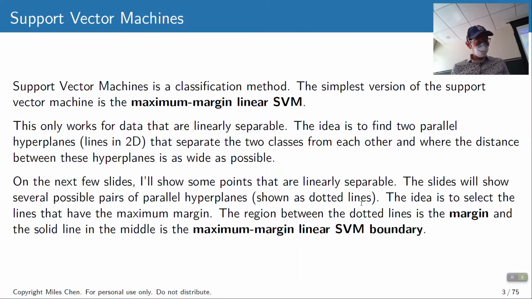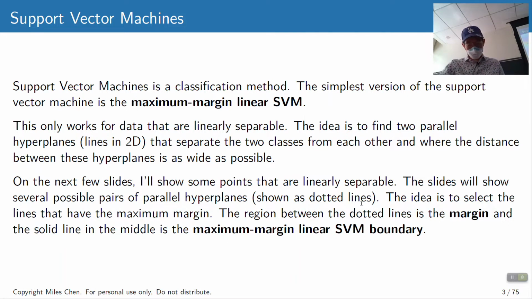And then once you get that basic part down, then you can start messing around with the functional form of it, allowing it to have bends, and allowing it also to not be completely linearly separable. Okay, so we'll start off with this very simple case, and then we'll work our way up from there.